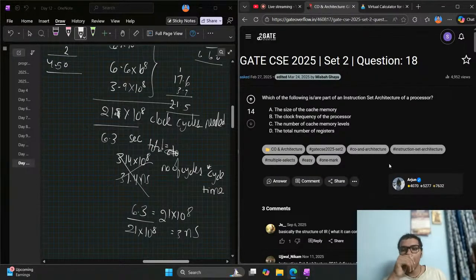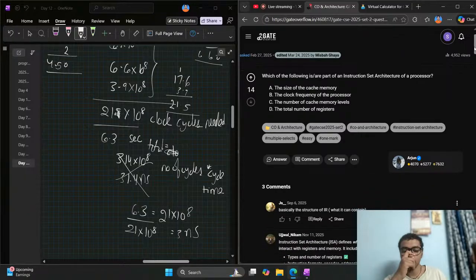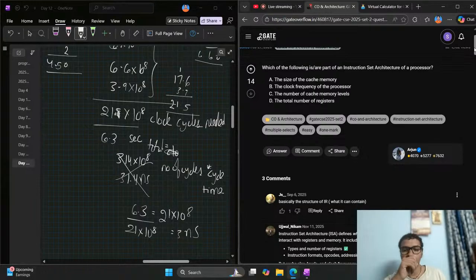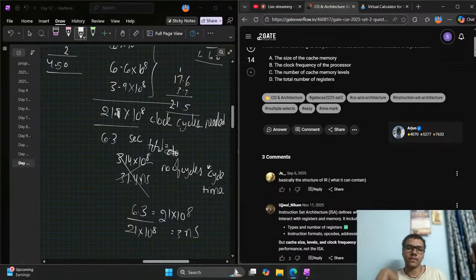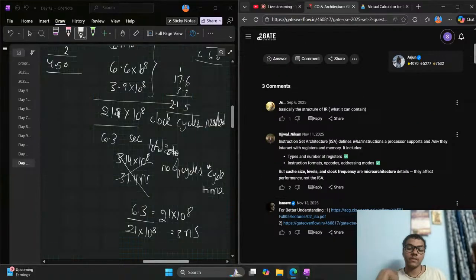Is instruction set architecture. Instruction set architecture contains instruction registers.